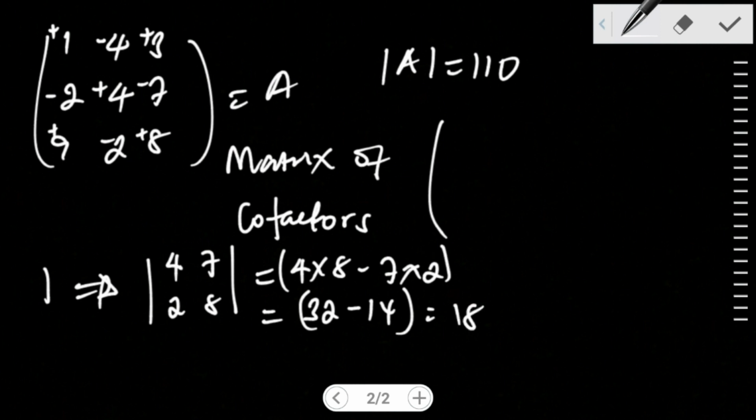The sign on 1 is positive, and therefore it will remain positive. So for 1 we are going to have 18 in the position of 1. The next thing is to look for the cofactor of 4.